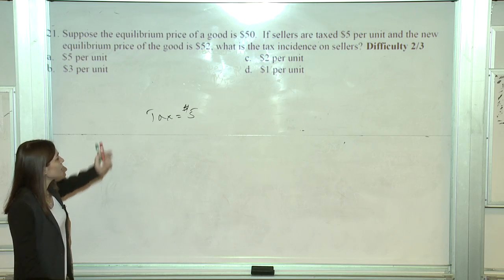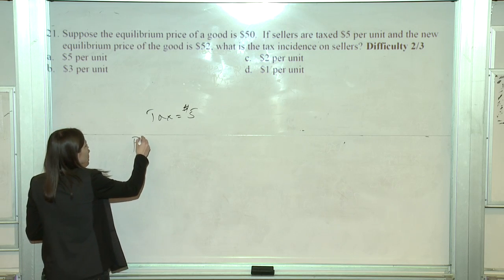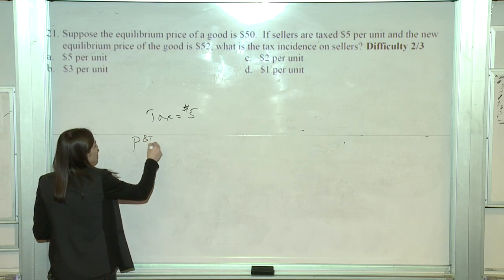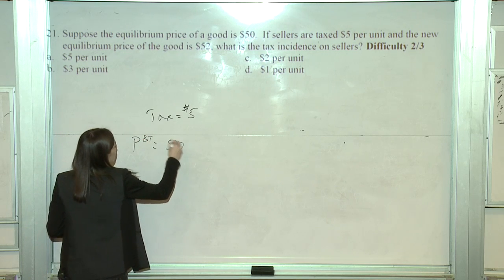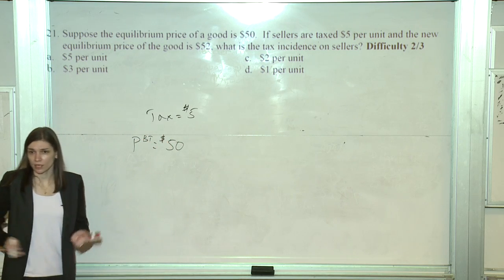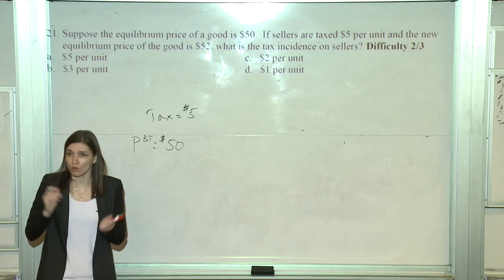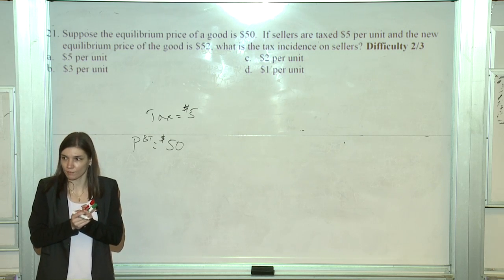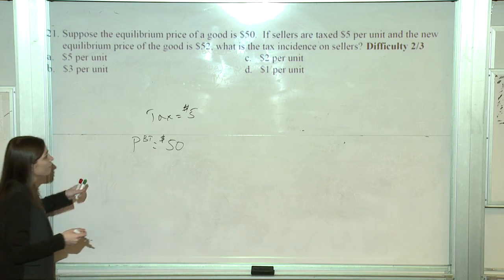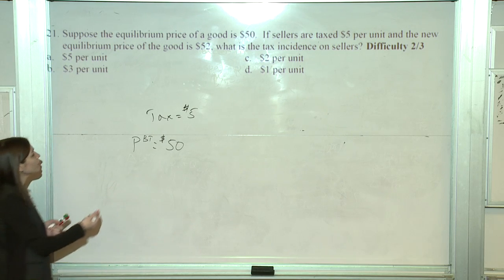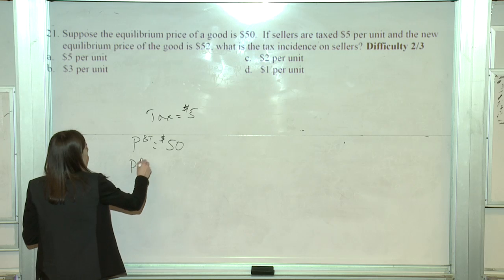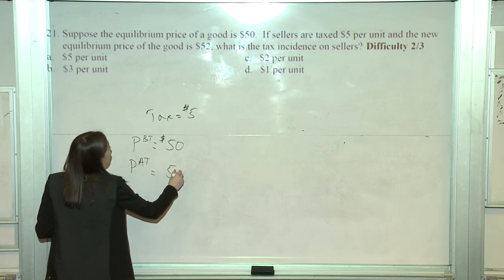The original equilibrium price before tax was $50, and it was an efficient equilibrium, so buyers paid 50, sellers received 50, true? Now after the tax, the new equilibrium price would be $52.